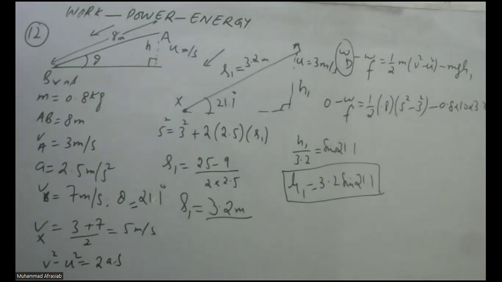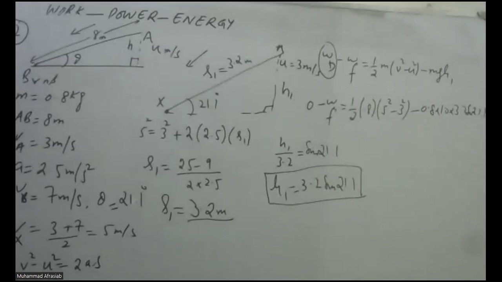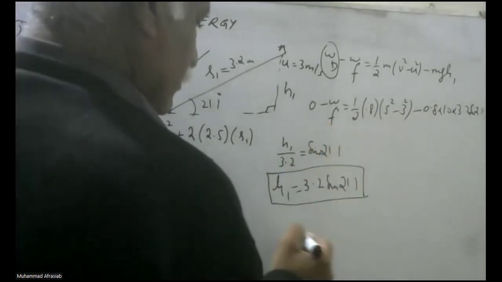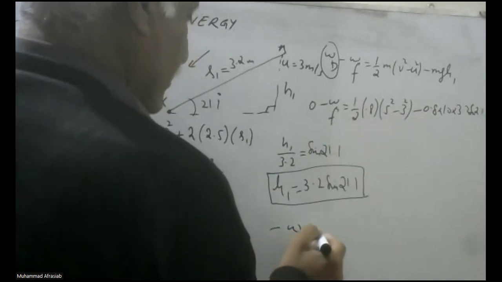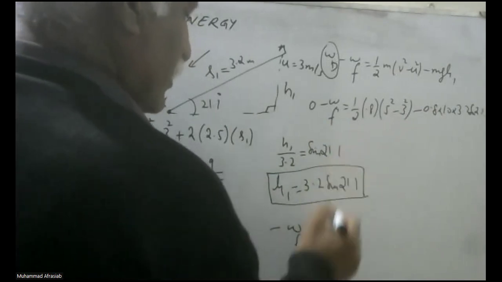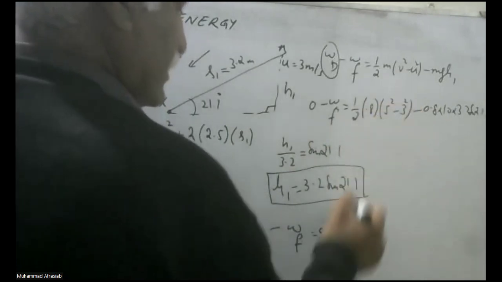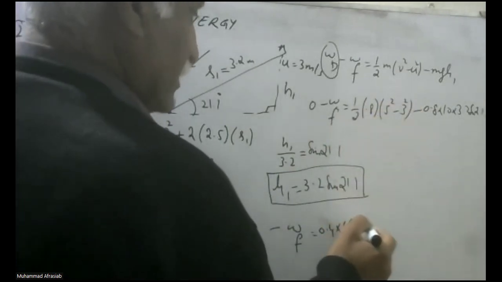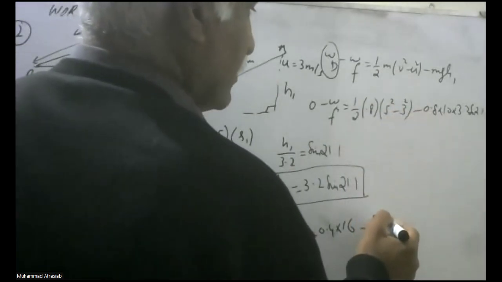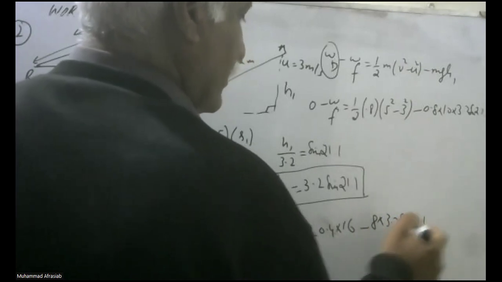So this calculation will be: minus work done by frictional force is equal to 0.4 into 25 minus 9, which is 16, minus 0.8 into 10, which is 8, into 3.2 into sine of 21.1.